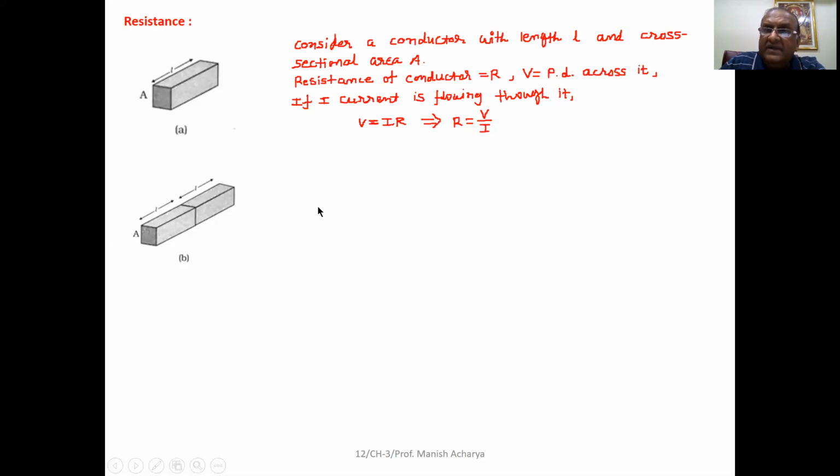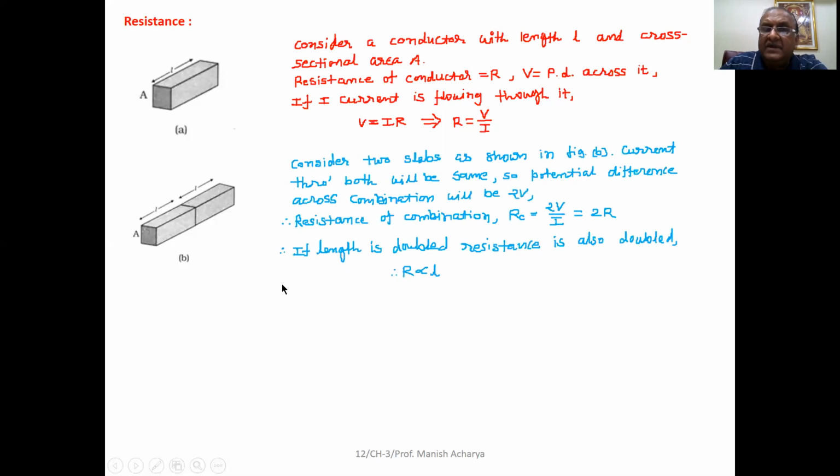Now, if the same amount of current is to be passed through this combination, then across its two ends you have to apply a potential difference of 2 volt.